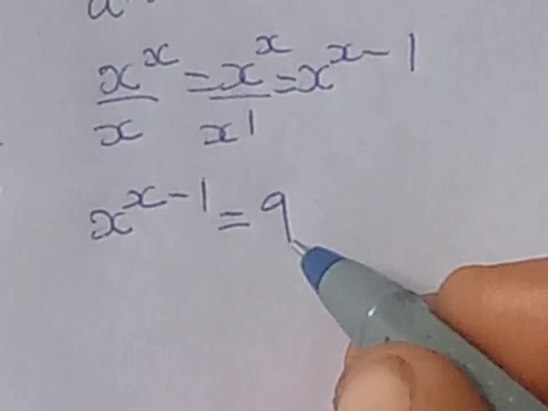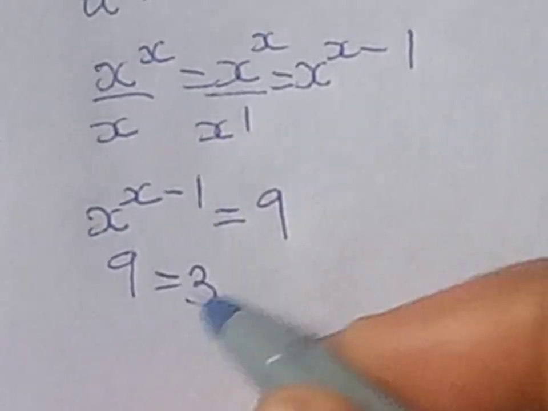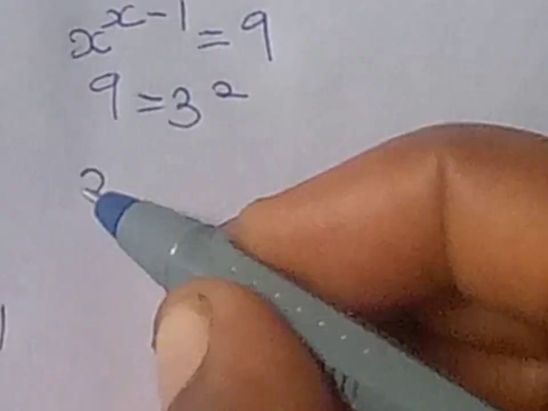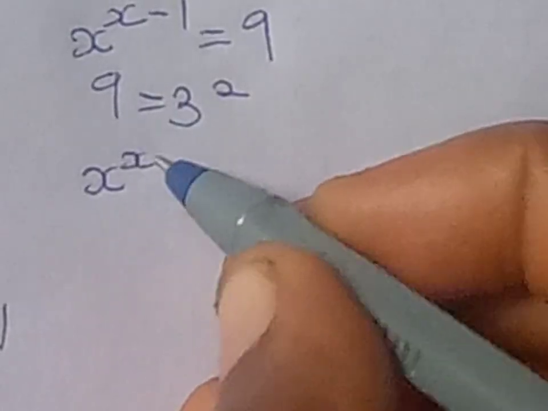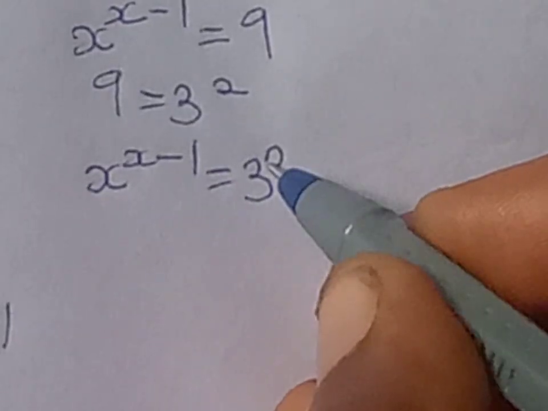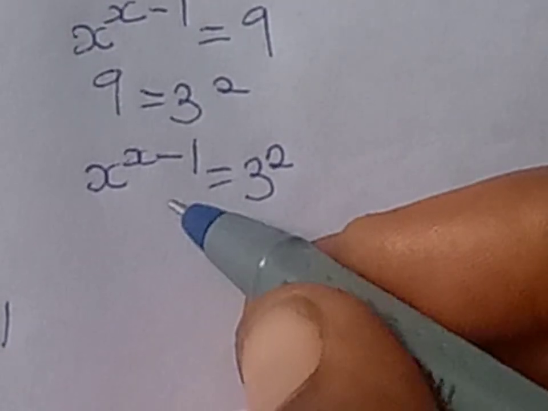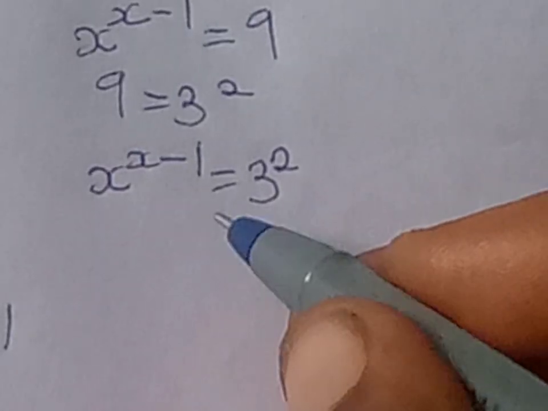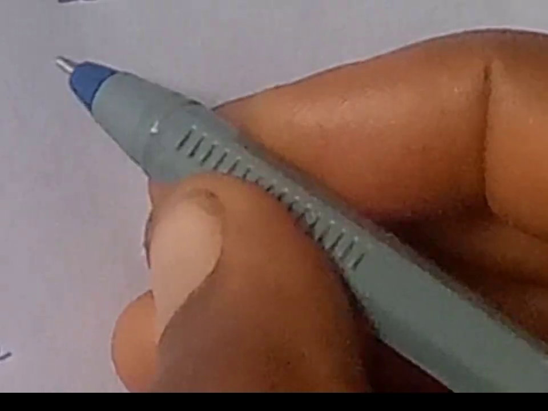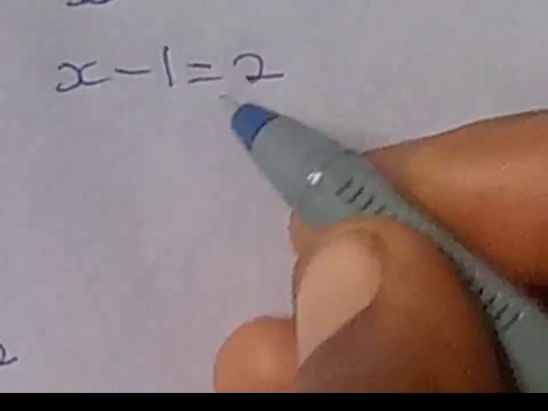Let's write our number 9. Note that 9 equals 3 squared. So we can write our equation as x raised to the power of x minus 1 equals 3 raised to the power of 2. Now, what number makes the left side become 3 raised to the power of 2? Then the number is 3. Then x minus 1 equals 2.